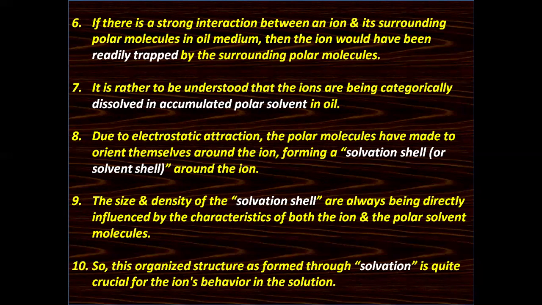It is rather to be understood that the ions are categorically dissolved in accumulated polar solvent in oil. Due to electrostatic attraction, the polar molecules orient themselves around the ion, forming a solvation cell or solvent cell around the ion.